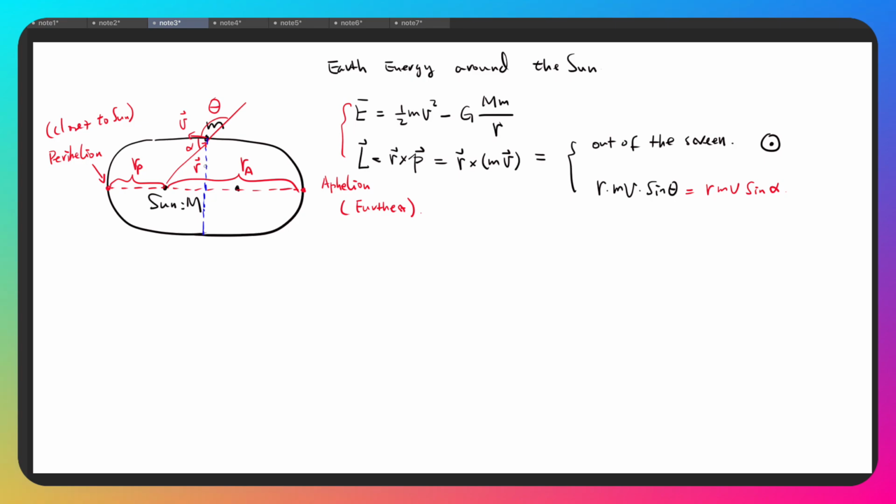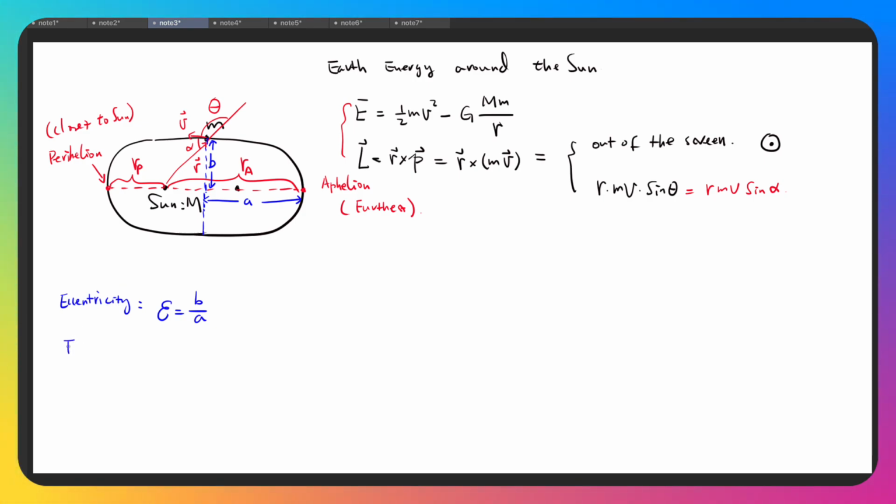And then we have minor axis radius B, major axis radius A, semi-major axis length A, semi-minor axis length B. Okay, and there's a parameter called eccentricity, and it's defined as B over A. So it's just some math definition.